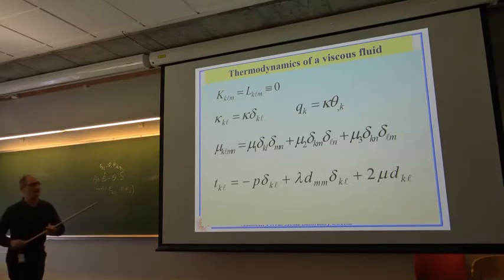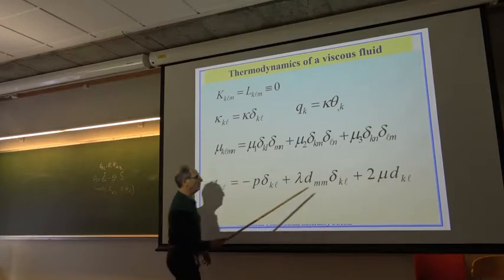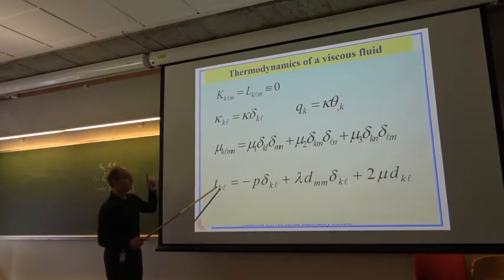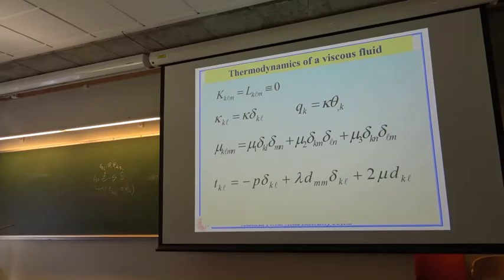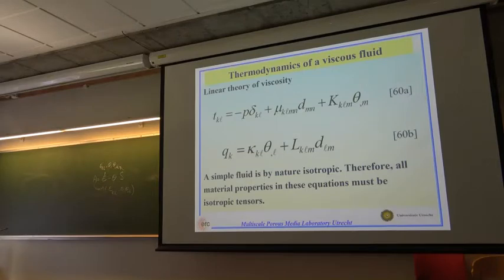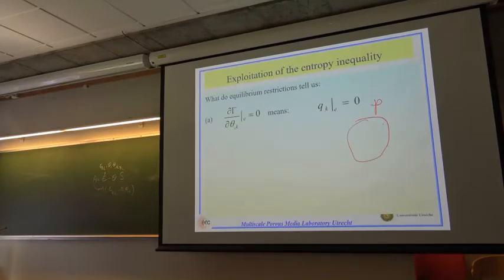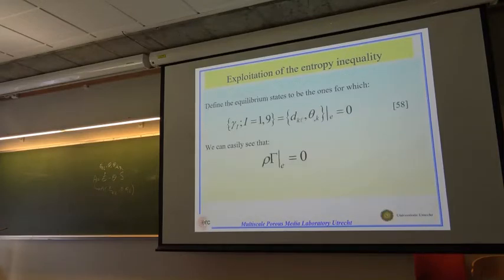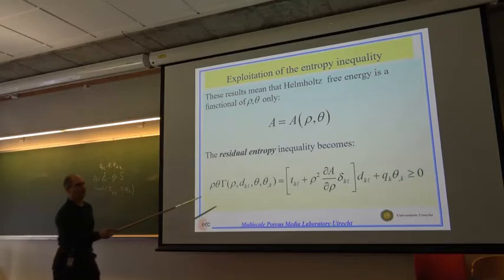There is more that you can get from the entropy inequality. Those are restrictions on this lambda and mu, because remember, we still have the residual entropy inequality. I think I have it here. I have to go back. Where is it? I'm sorry. Yeah, we still have the residual entropy inequality.